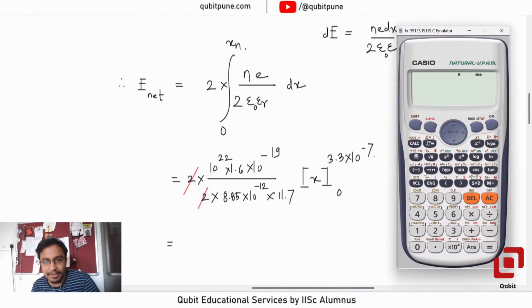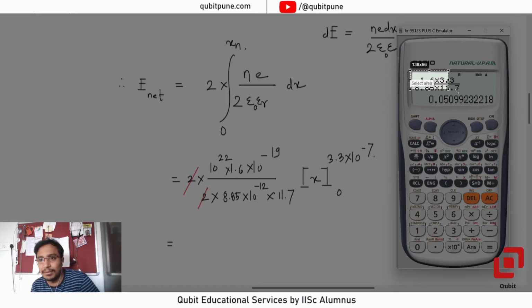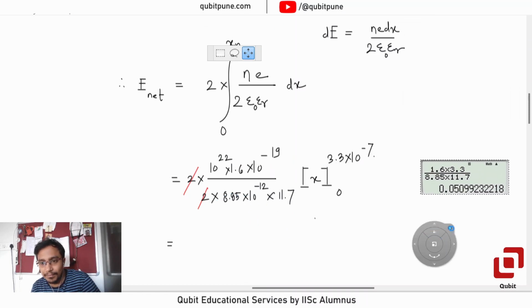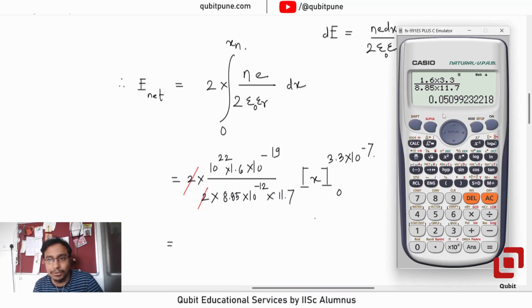First of all, as we typically do, let's only go for the digits. So 1.6 into 3.3 upon 8.85 into 11.7. So that is 0.05099. And now let's go to the powers of 10.